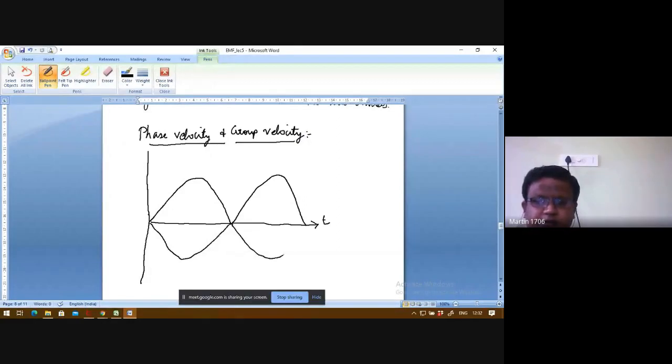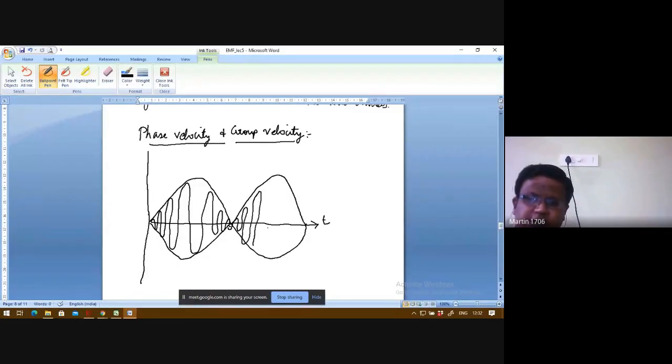It has both the electric and magnetic field. The signal will be in the form of like this. The signal will go with different velocities, and I will tell what the two types of velocities are.